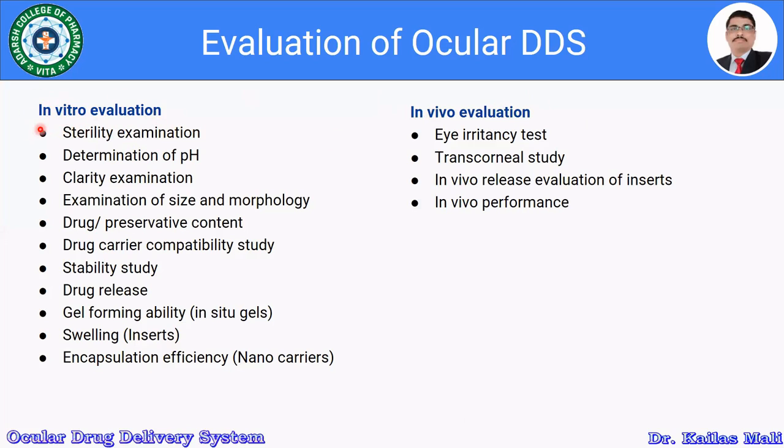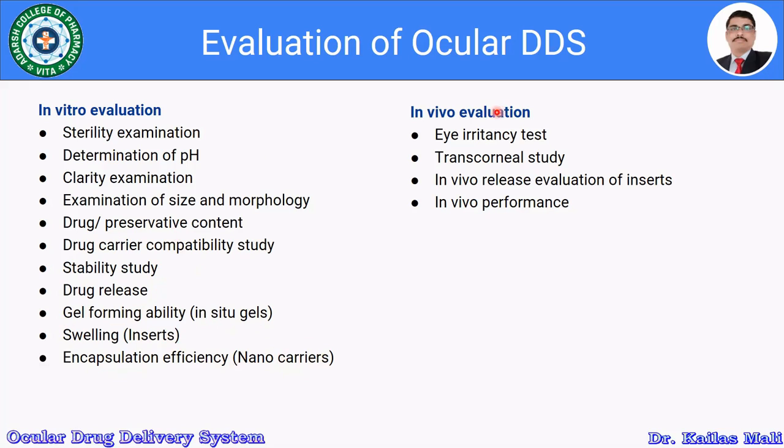In vitro evaluation can be done by the sterility examination, then determination of pH, clarity examination, then examination of size and morphology, drug and preservative content in the formulation, then drug carrier compatibility study, then the stability study of the finished product, then the drug release, gel forming ability in the case of in situ gelling systems, then the swelling related with the inserts and implants, and encapsulation efficiency in the case of nano products.